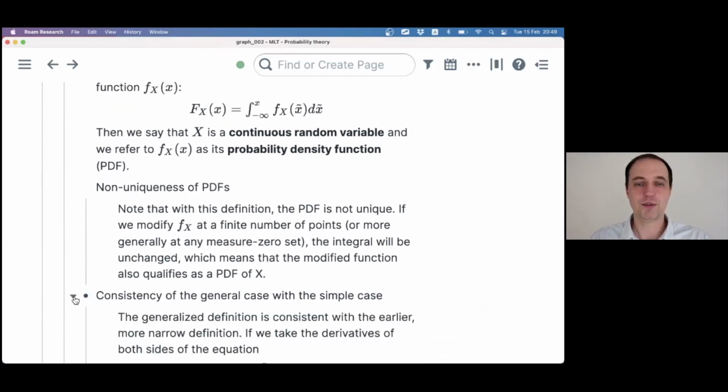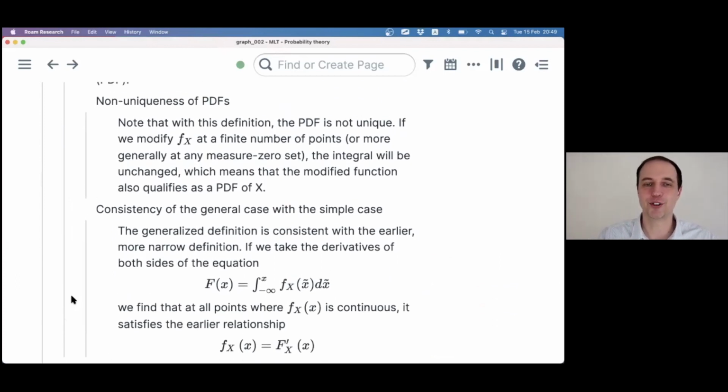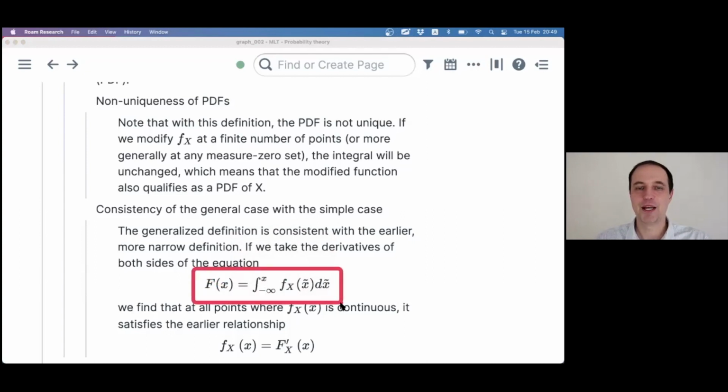And then if you want to understand the relationship between the more general definition and the more specialized definition, well, in the specialized case, we were assuming that capital F is differentiable. So this was supposed to be F_X in here. You can take this defining relationship for the CDF, for the PDF.